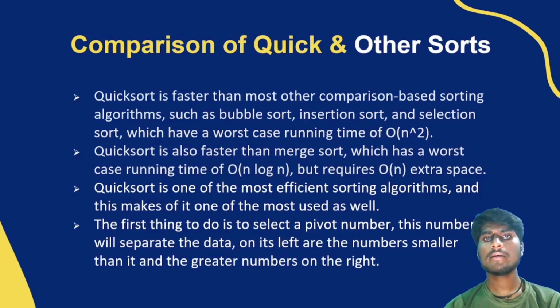Comparison of quicksort and other sorts. Quicksort is faster than most other comparison-based sorting algorithms, such as bubble sort, selection sort, and insertion sort, which have a worst case of O of n square. Quicksort is also sometimes faster than merge sort, whose worst case running time is O of n log n, but it requires O of n extra space.